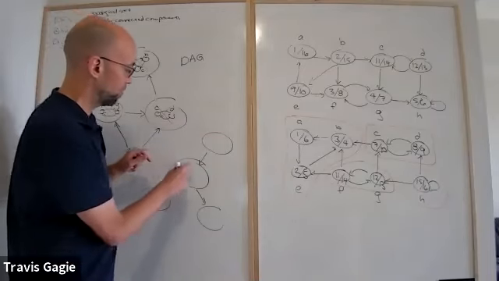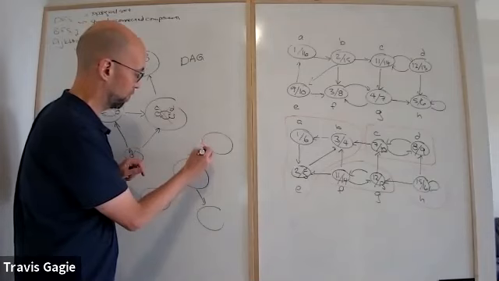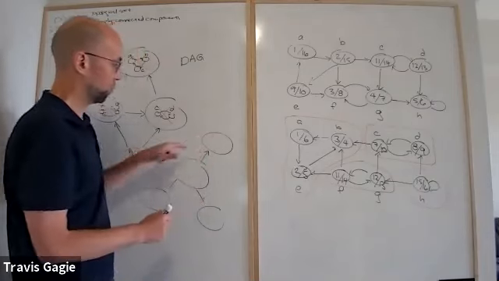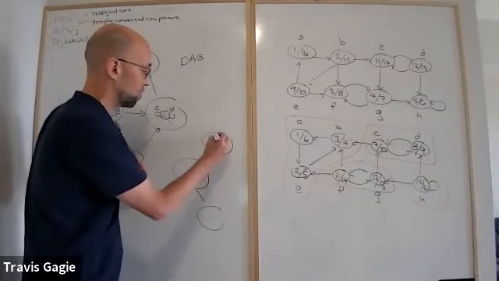So that means that when you take the transpose and reverse all the edges, you're going to deal with this connected component first, so you can't go back to it.